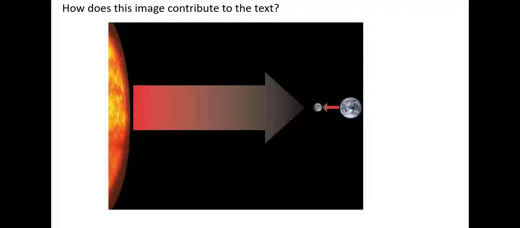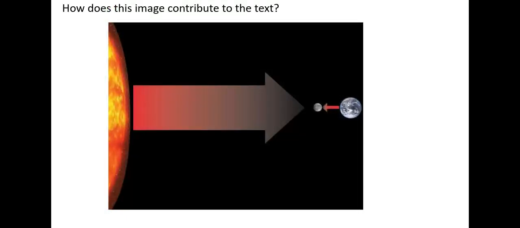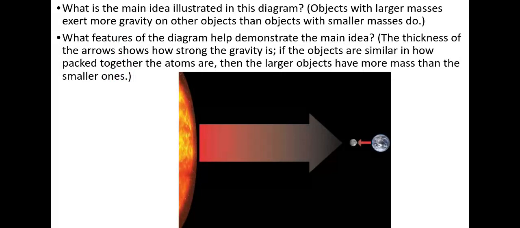How did this image contribute to our read aloud, to our text? What did this image show you? What do those arrows mean? The main idea illustrated in this diagram is objects with larger masses exert more gravity on other objects than objects with smaller masses do.